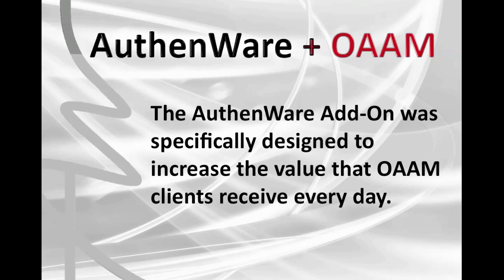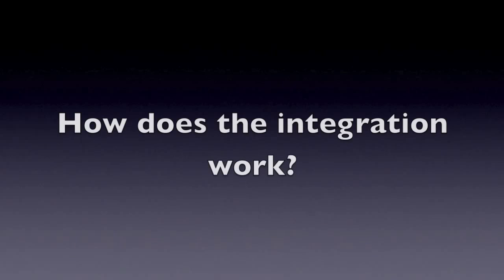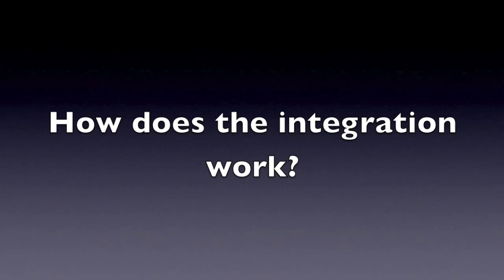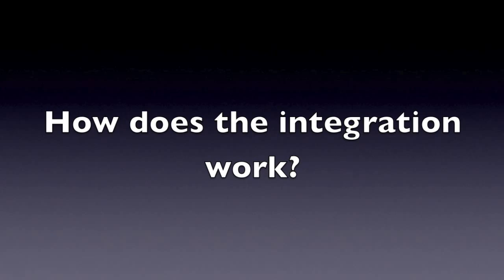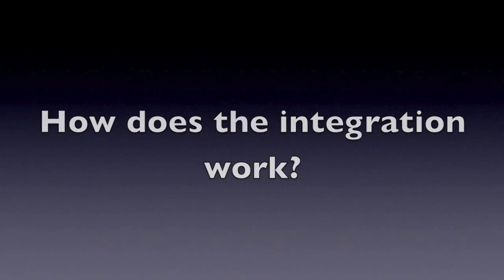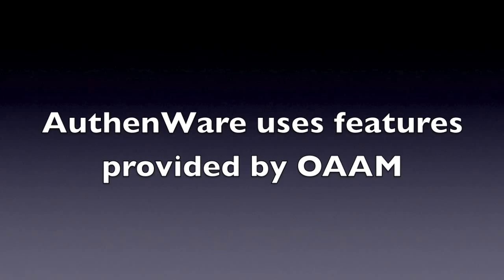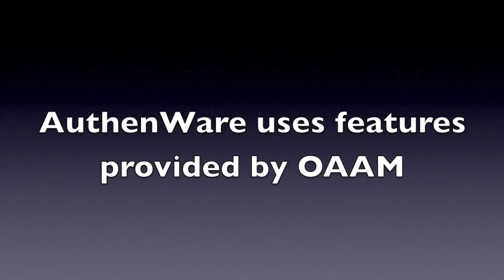To summarize, with AuthenWare, an Oracle user can now utilize a new biometric verification feature simply by using the AuthenWare add-on. It was specifically designed to increase the value that Oracle clients receive every day. In order to achieve this integration, AuthenWare uses features provided by OAAM which allow us to easily import new conditions from AuthenWare into the ARM, and later utilize these conditions in the available rules and models.